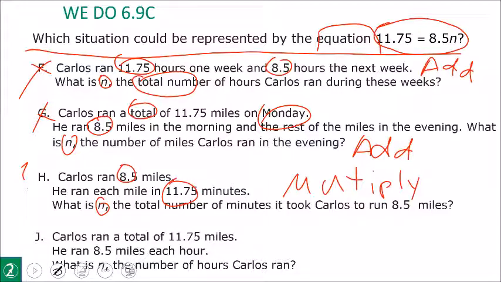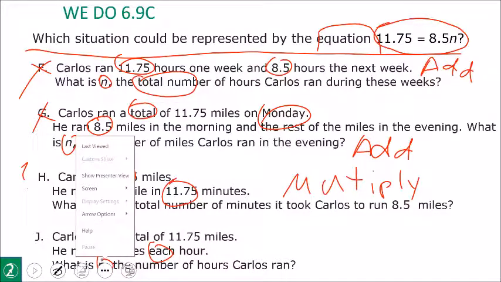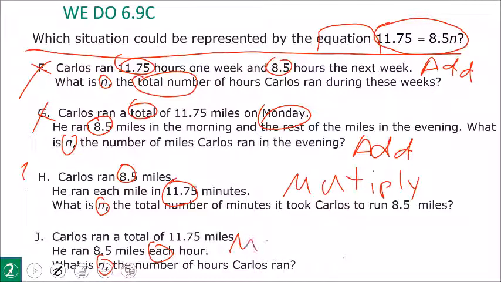He ran 8.5 miles each hour. Each. Wow, I think that fits because it's each hour, which is also multiply. This fits even better. Multiply. So this is garbage. This fits. So the answer is J.